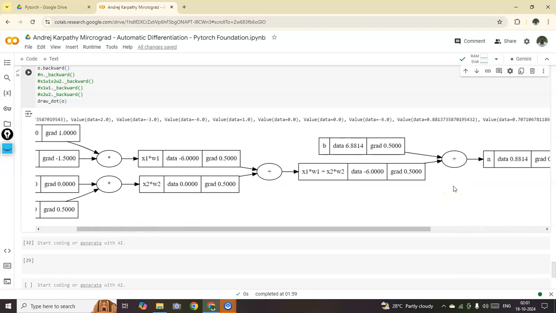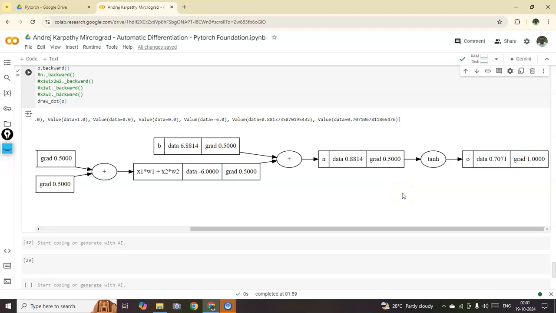This gives more understanding of how the positive sign works, how multiplication works, and how a function works. We can see all these variations here.